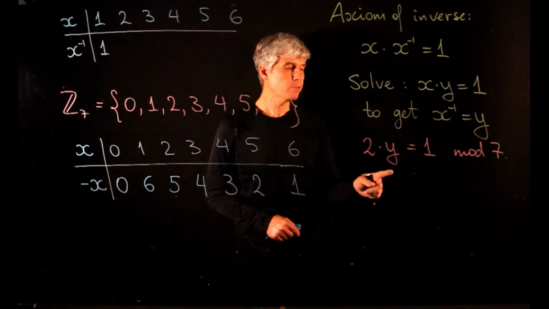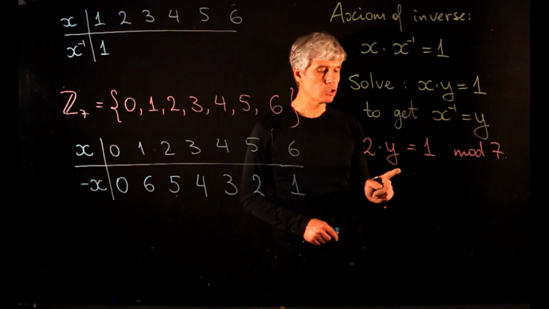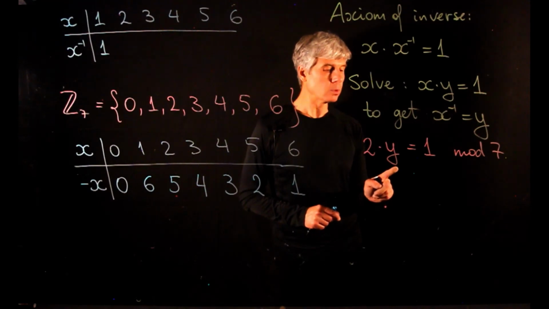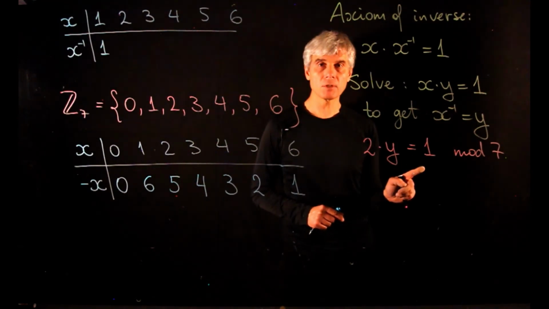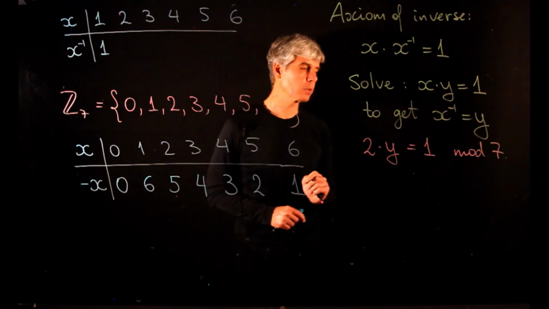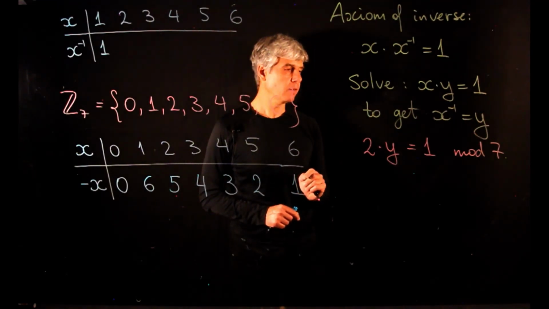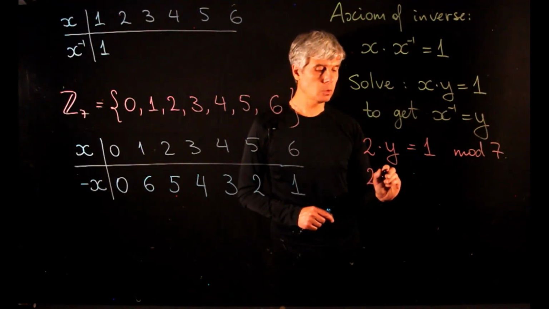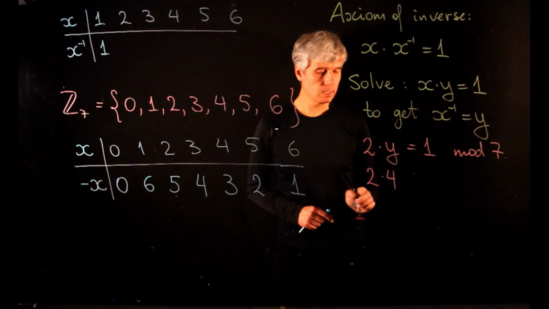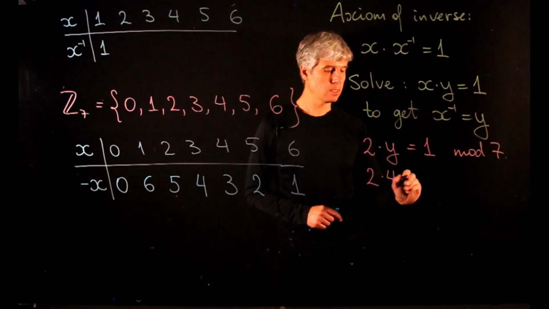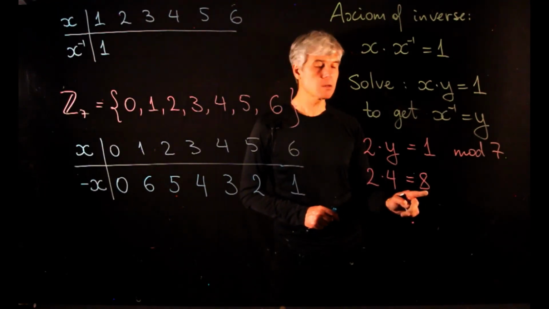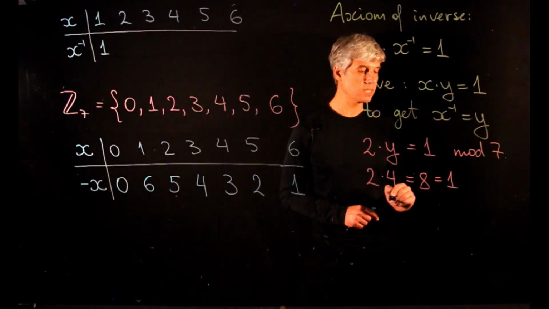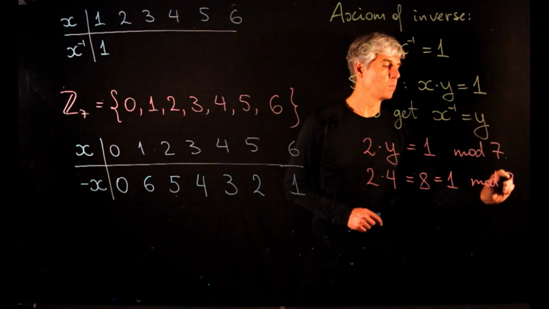So can we find an integer such that when we multiply it by 2 and then take a remainder after division by 7, the result is equal to 1? And it's not difficult to guess here that if we take 2 times 4, this is equal to 8. But what's the remainder of 8 after division by 7? Well, the remainder of 8 is precisely 1 mod 7.